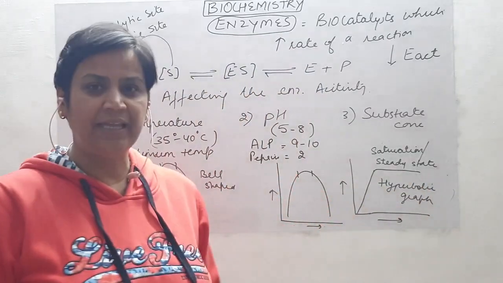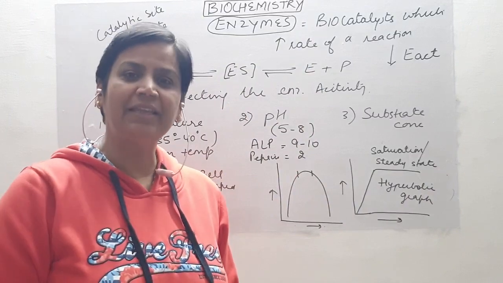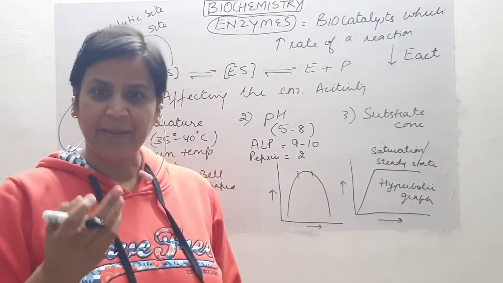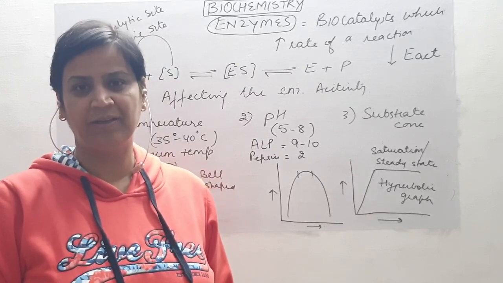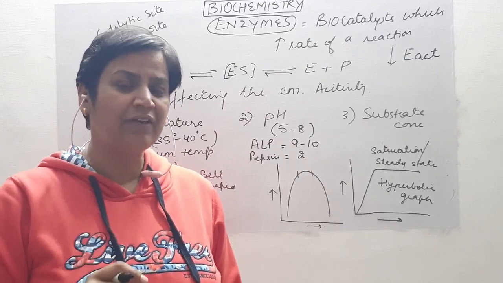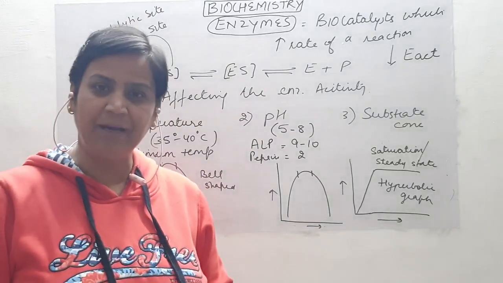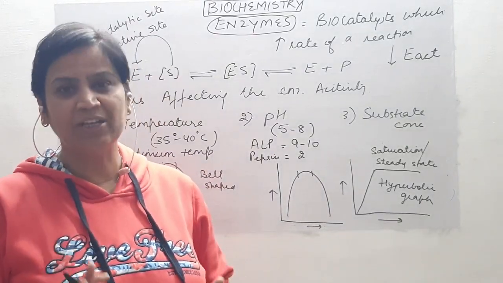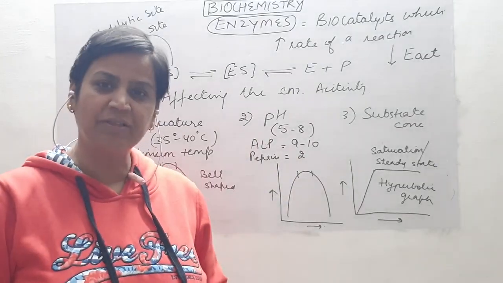So you can see there are basically 3 important factors which are influencing the activity of the enzyme: temperature, pH, and substrate concentration. If we see the effect of temperature and pH, the graph is bell-shaped and it has a specific temperature optima and a specific pH optima. Third important factor is substrate concentration.